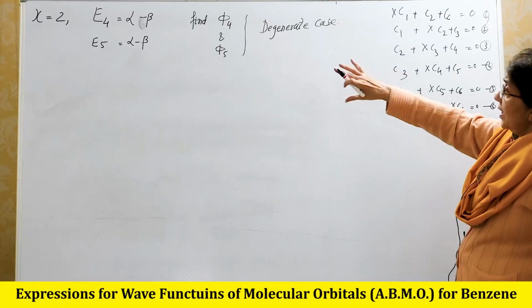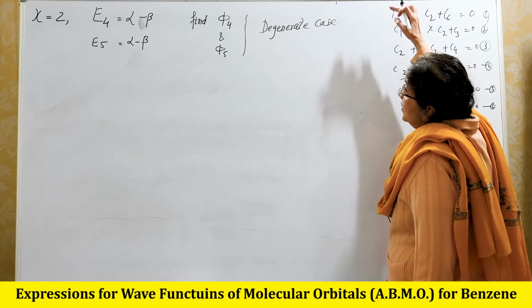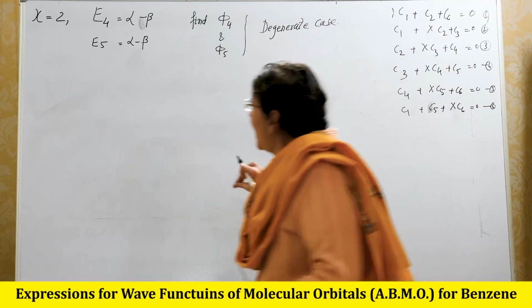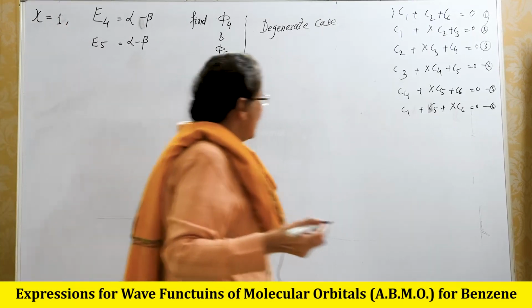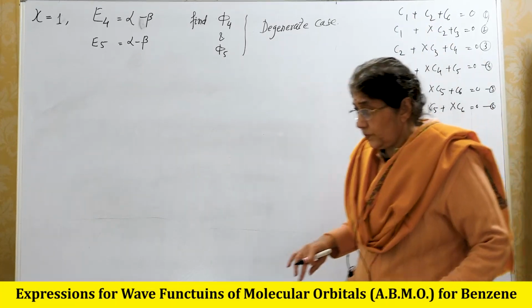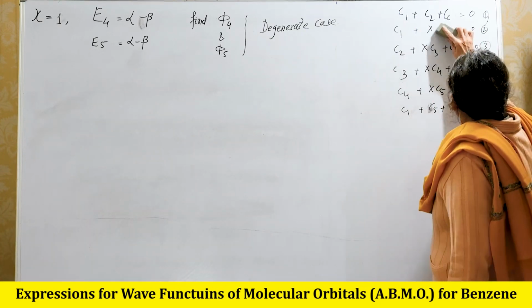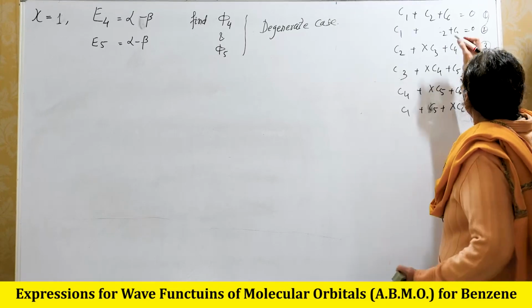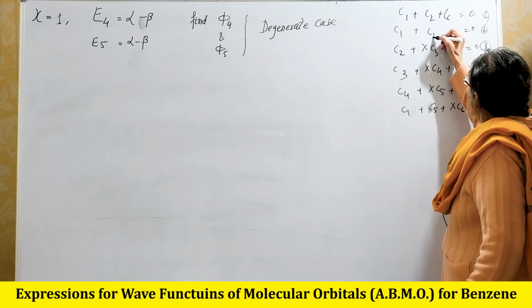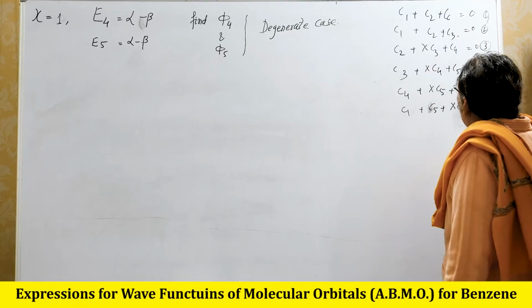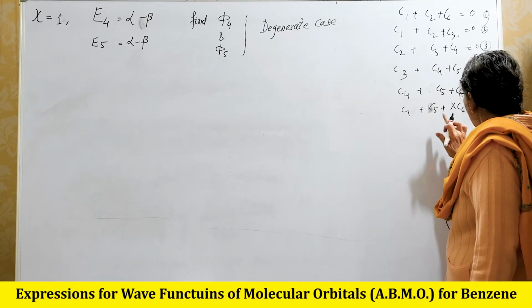And we put the value x equal to 1, so we get C1 plus C2 plus C3, C3, C4, C5, and C6.